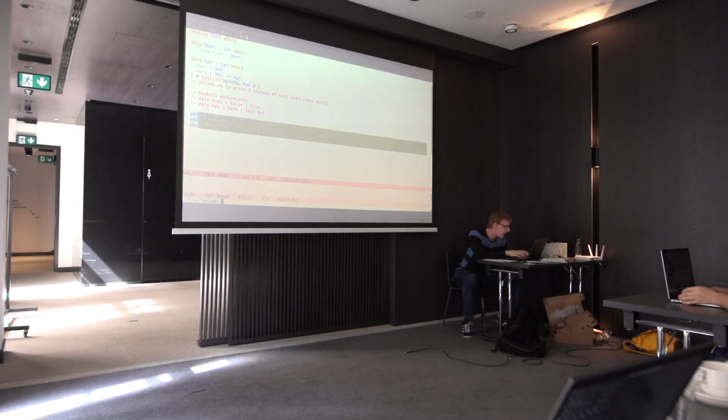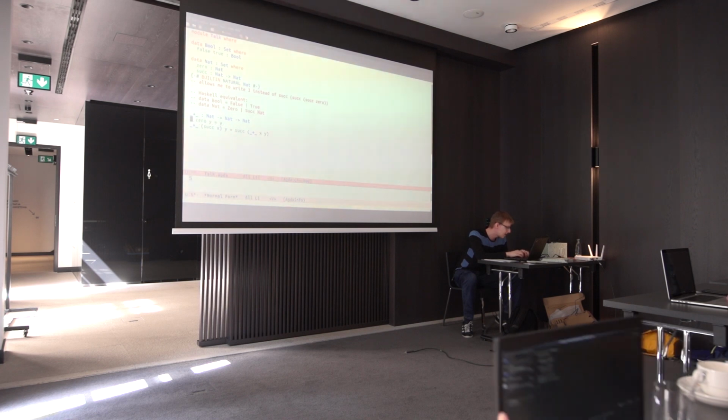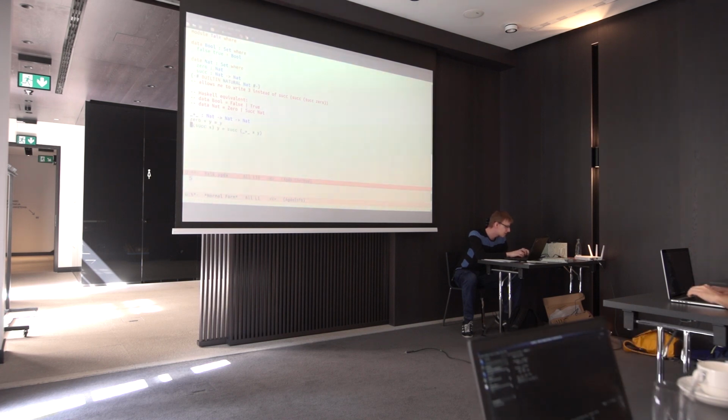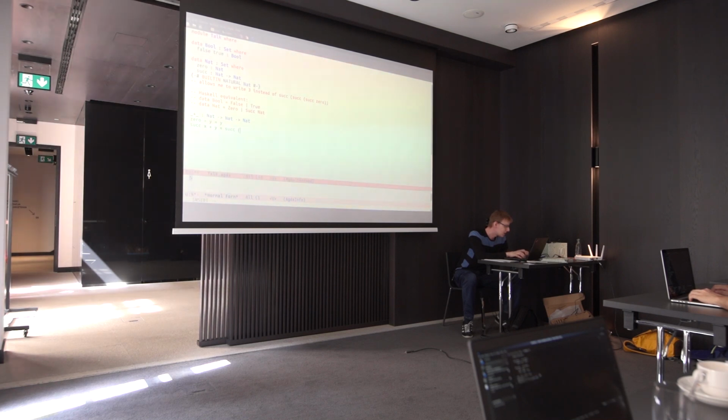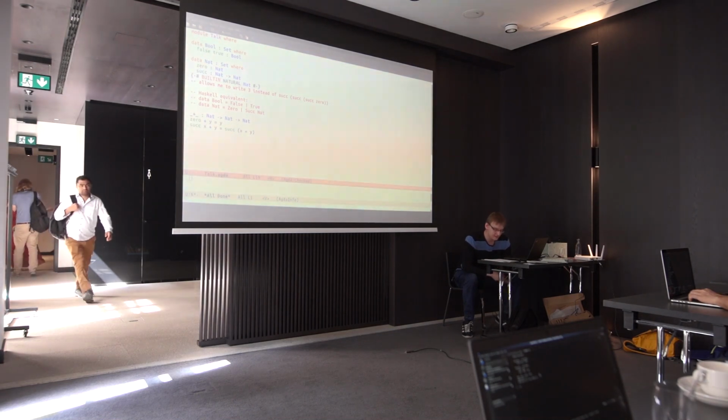So I'll replace add by underscore plus underscore. And once I have this, I can now type 2 plus 3 and I get 5. And I can also write this in a more natural way, x plus y.